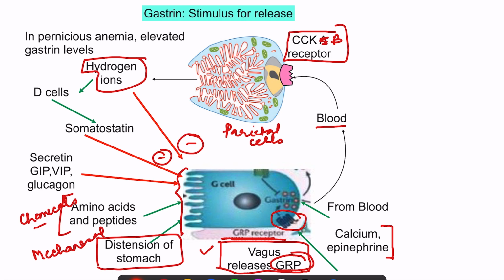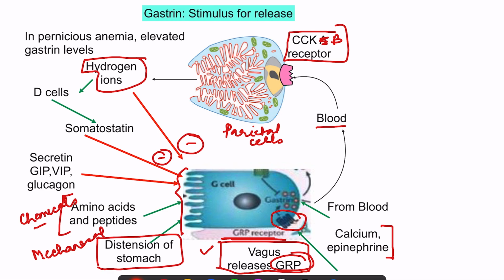Then there are other stimuli also which inhibit the secretion from the G cells, that is secretin, GIP, VIP and glucagon. We have seen in the video on gastric secretion that secretin has an inhibitory effect on hydrochloric acid release. And why is it? Because secretin inhibits the G cells, which causes decreased release of the gastrin and hence decrease in release of HCl from the parietal cells.